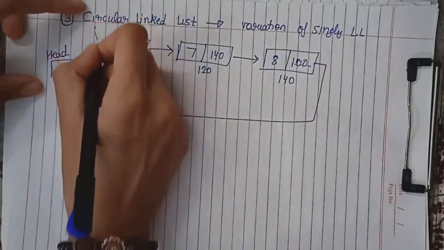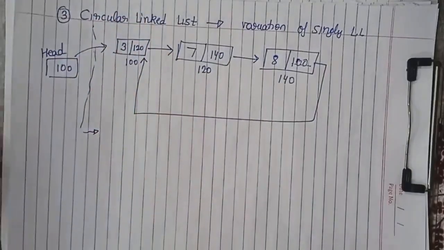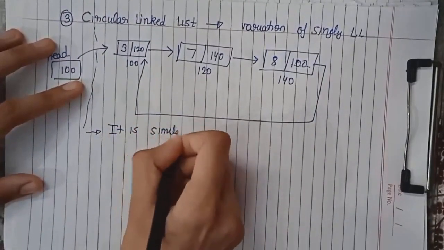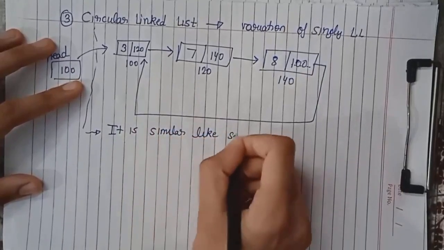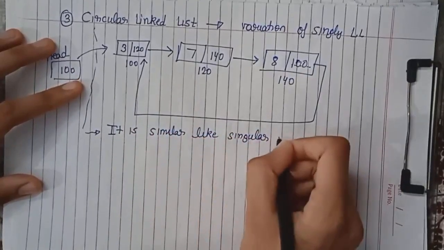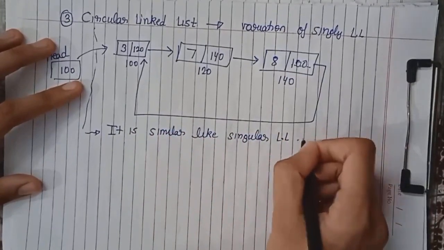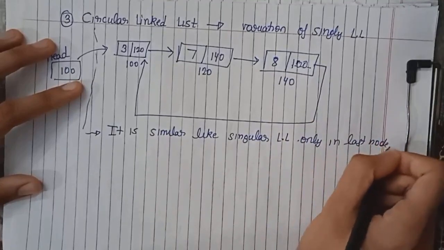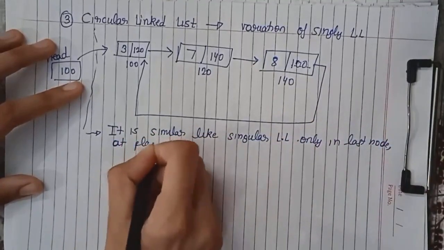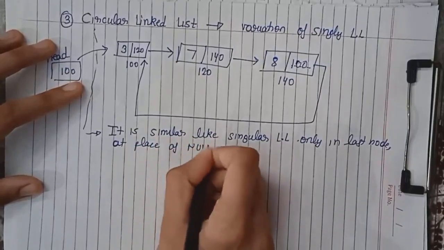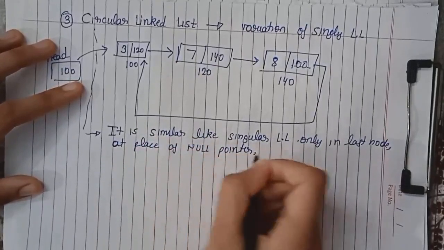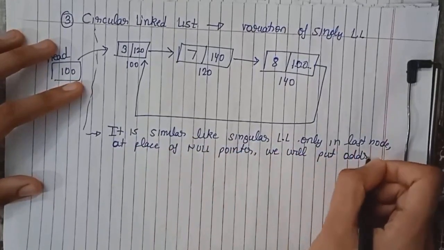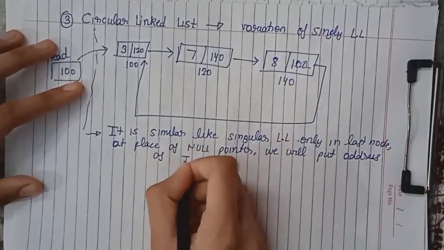If I write the definition of a circular linked list, then I can say that it is similar to a singly linked list only in the last node: in place of the null pointer, we will put the address of the first node.